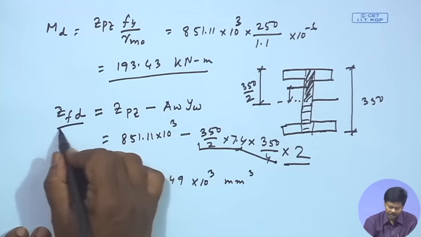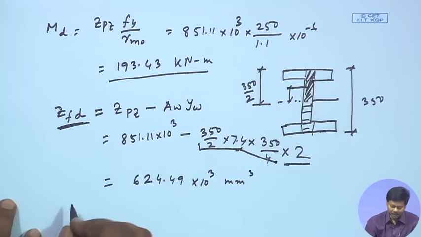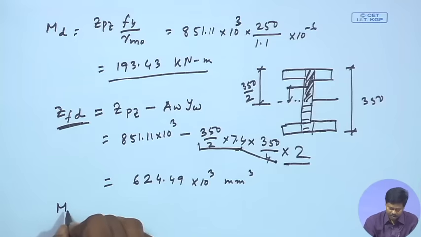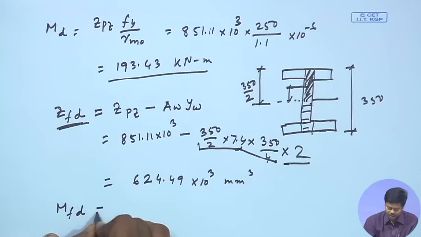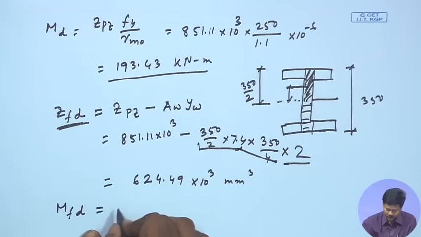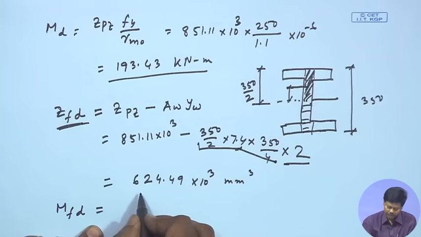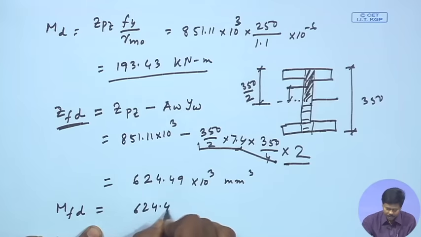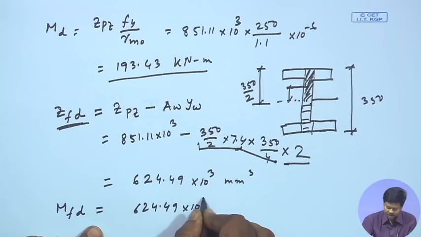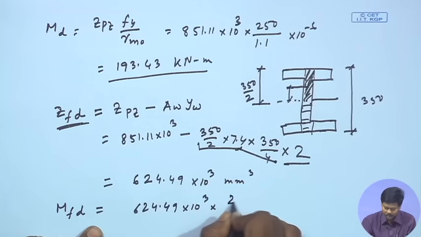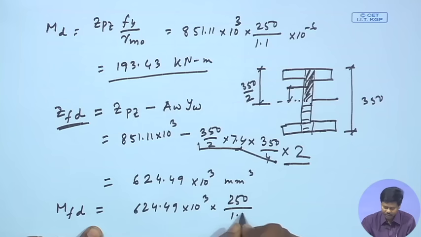So, Zfd we can find out from this. Now, we can find out the plastic design moment of the cross section excluding shear area, Mfd. Excluding shear area, the plastic design moment of the cross section will become Mfd as Zfd, 624.49, into Fy, which is 250, by gamma m0, that is 1.1.